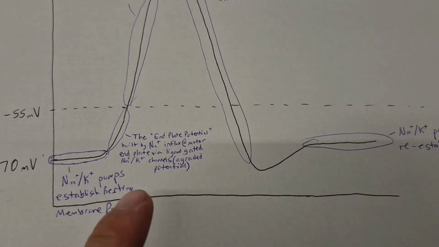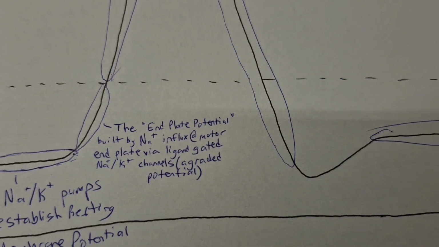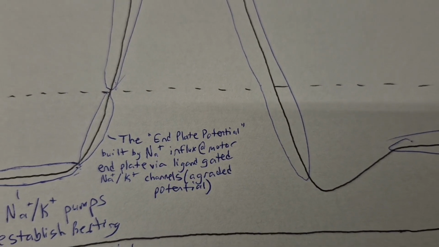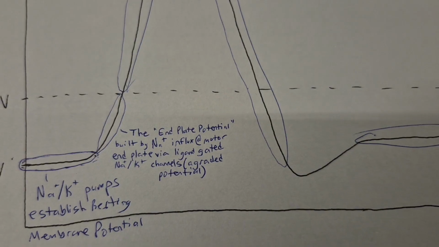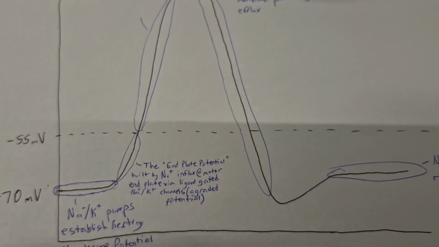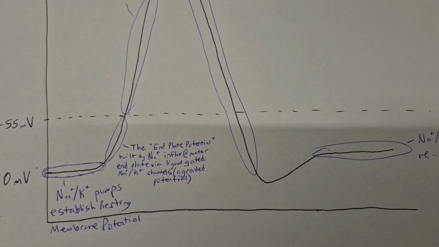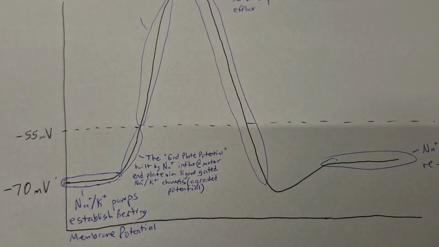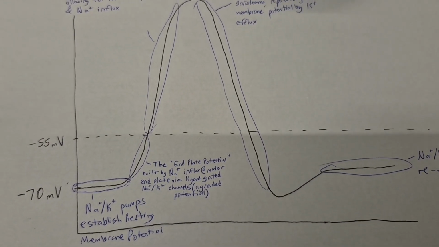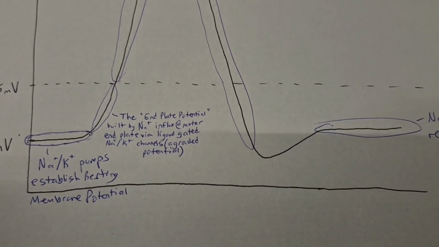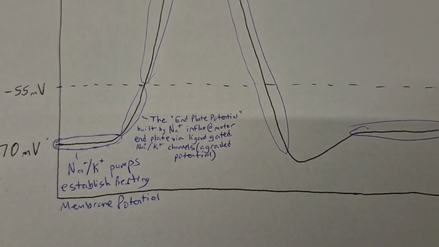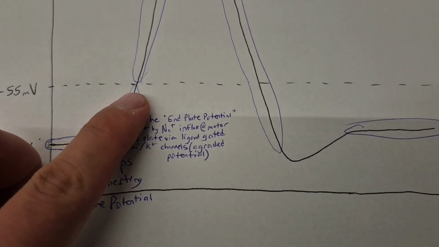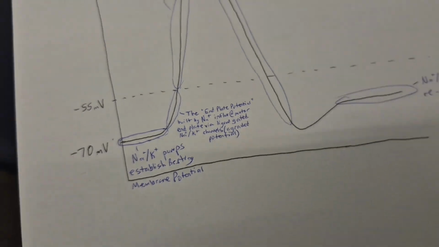The graded potential, or the end plate potential, is built up by sodium influx at the motor end plate via the ligand-gated sodium-potassium channels. It's getting positive because more positive ions are going inside of the cell, which is depolarizing it and building it up to where threshold is. The buildup to threshold is called the end plate potential.